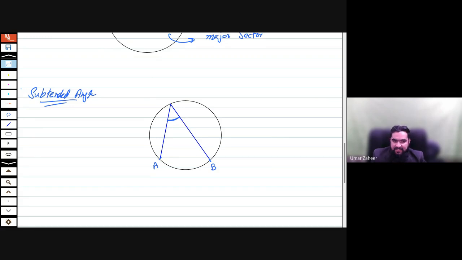You can say that it is subtended from AB arc, AB chord, or AB segment. All of these versions are exactly the same. This is the subtended angle from AB chord, AB arc, or AB segment. All of these versions are exactly the same. Is it clear?